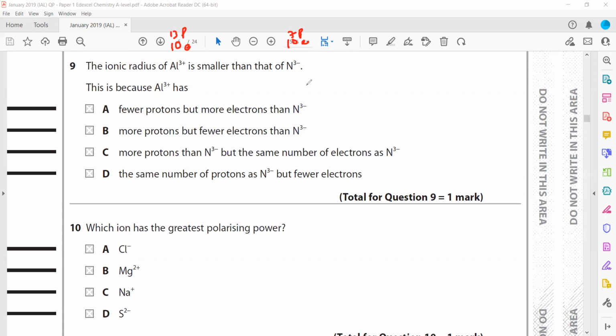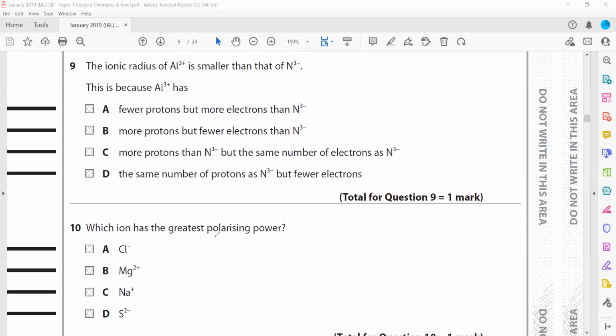So aluminum has a smaller ionic radius compared to the nitride ion because it has more protons, so more attraction. That's why C is the right answer. More protons and the same number of electrons, because they are isoelectronic. Isoelectronic means they have the same number of electrons.